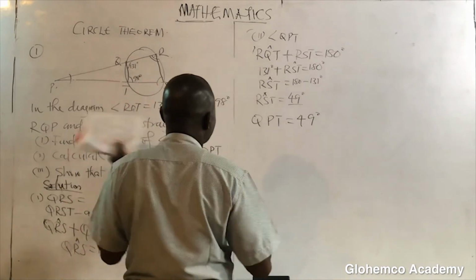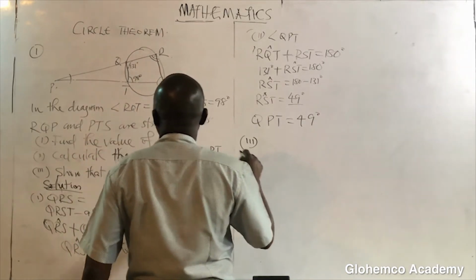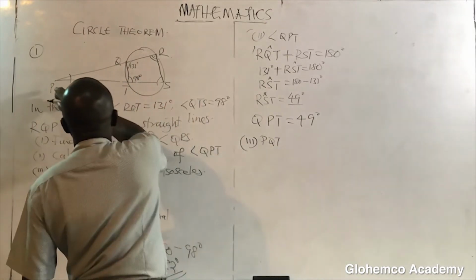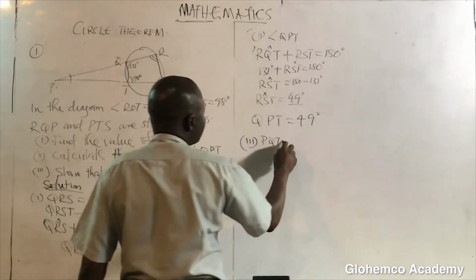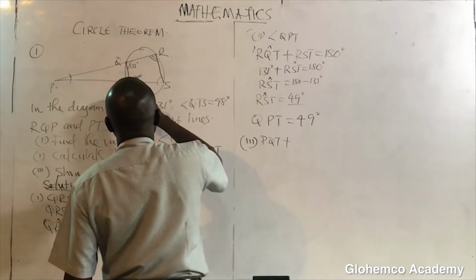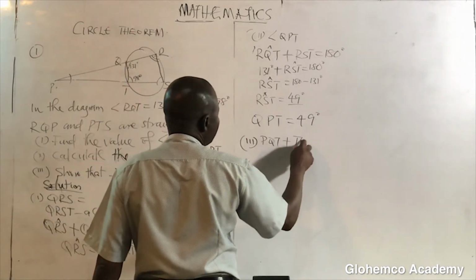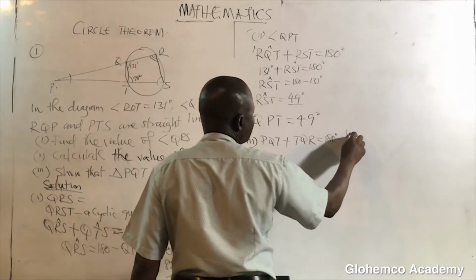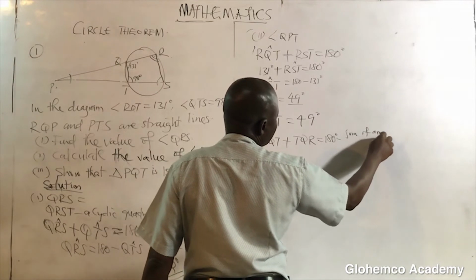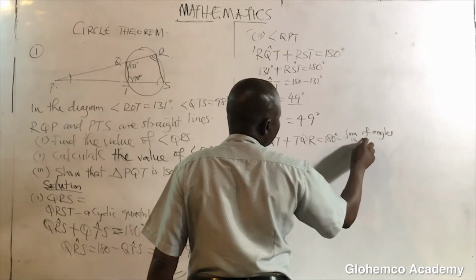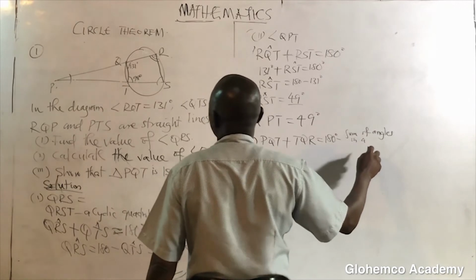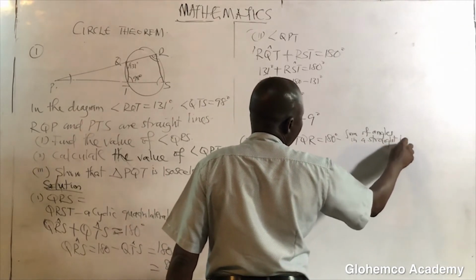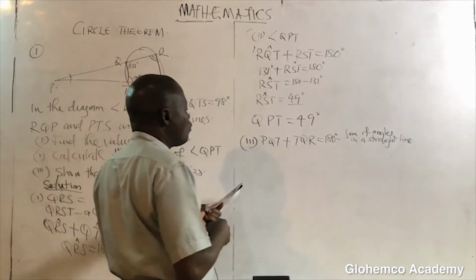What you are saying now is this. If you want to find PQT plus TQR, it will be equal to 180. That is the sum of angles on a straight line. The sum of angles on a straight line is equal to 180.